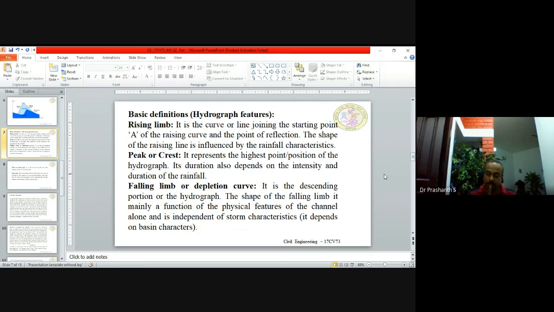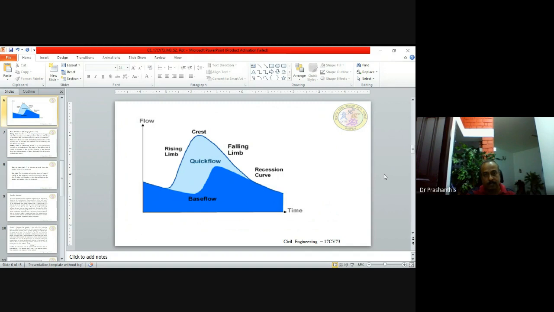That means it depends on the basin characteristics. It doesn't depend on the rainfall characteristics. Again, I'll show here: the crest is going down, then the falling limb and the recession curve.